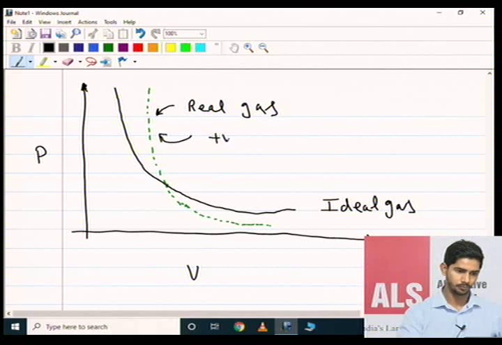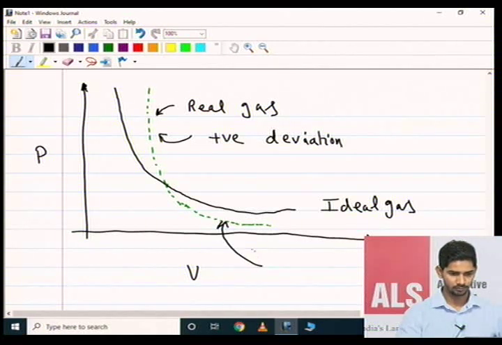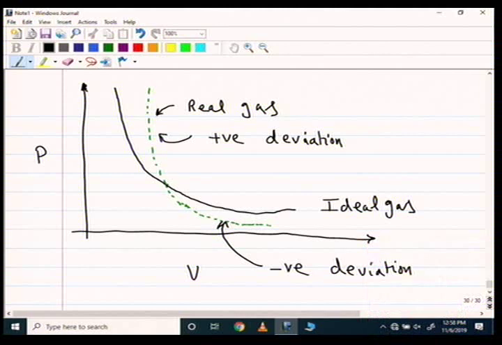This is your positive deviation, and this is your negative deviation. First of all, guys, copy this and see the point where it is cutting will be the interval where the gas will behave as a real gas. And first of all, confirm me, guys, are you getting the meaning of positive deviation and negative deviation? Are you getting why I am writing positive and negative over there?